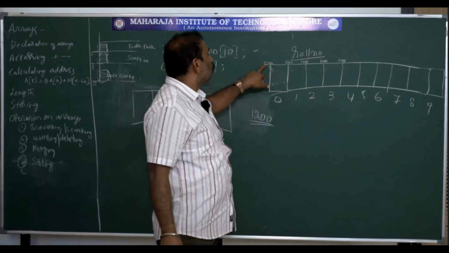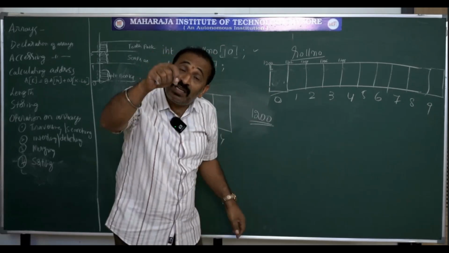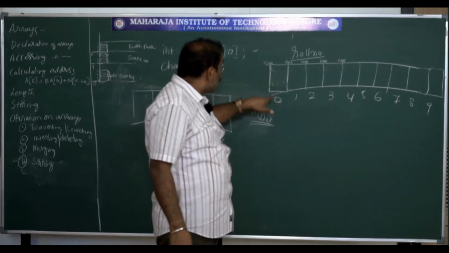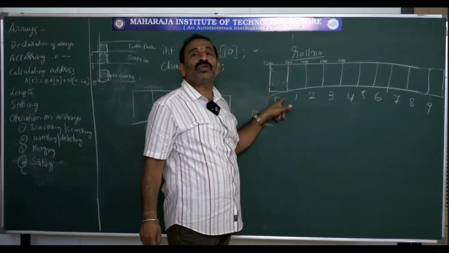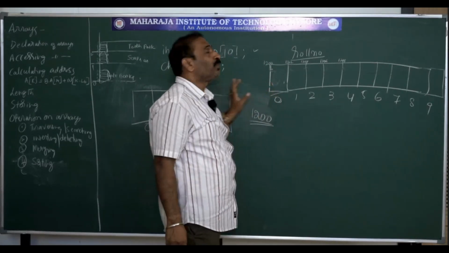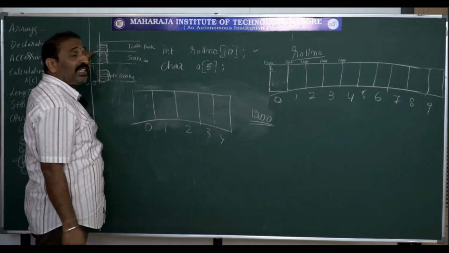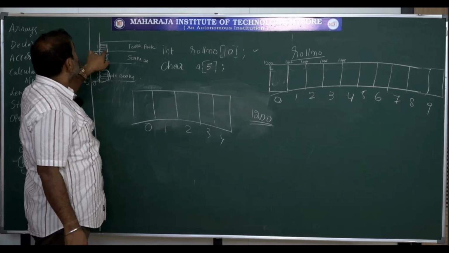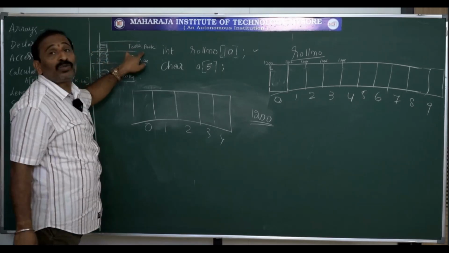So therefore, if the starting address of the array is 1200, at that location the 0th indexed value is stored. If I am calling this the second floor, at the second floor the first index element is the toothpaste.